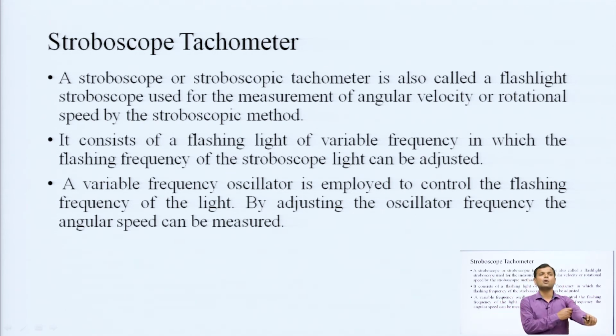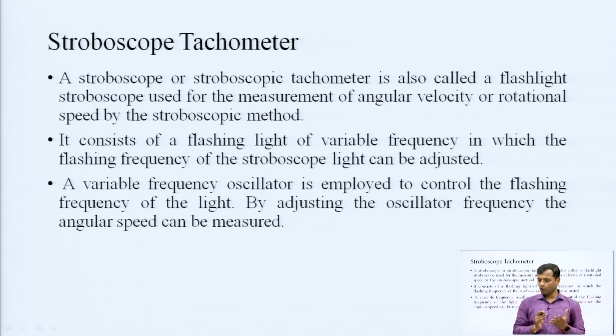Now, we will see the stroboscope tachometer. When we use the term tachometer, what does that mean? We are using this to measure the angular speed or the angular displacement.